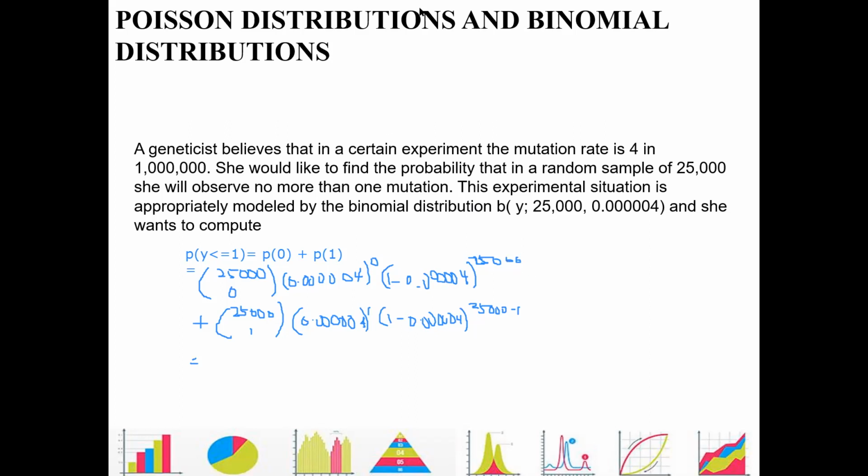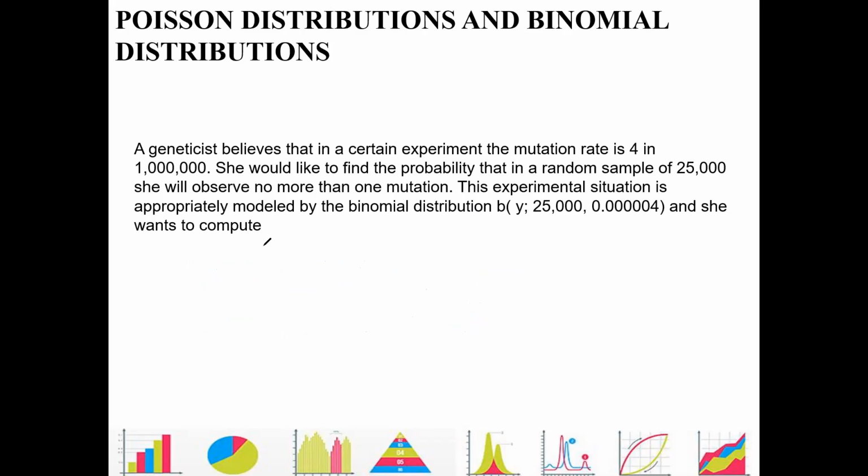Now, let's try the approach of Poisson distribution this time. So, ang gagawin natin first is to compute for the lambda. Ang lambda natin is n multiplied by p, which is 25,000 multiply by 0.00004.